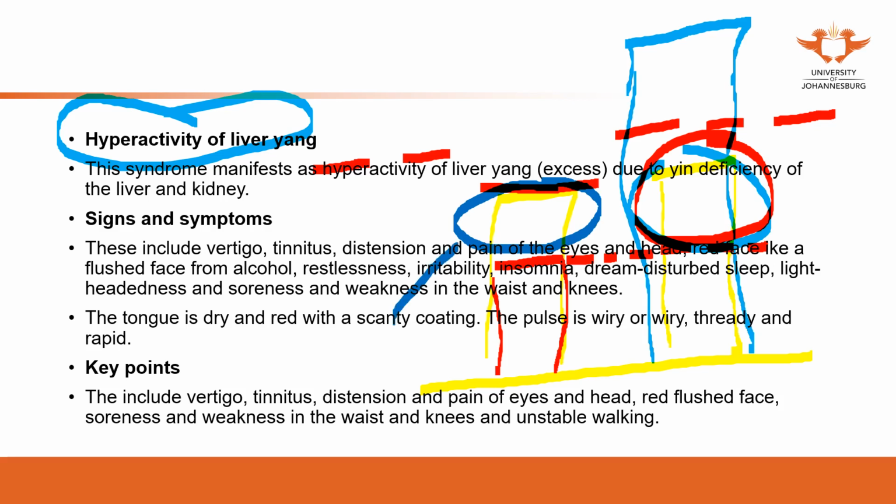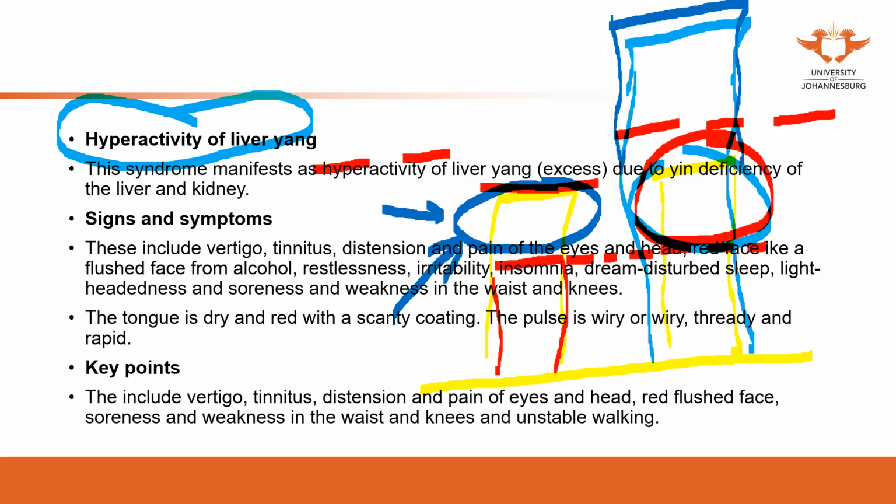We want to use treatments, either herbal medicine or acupuncture points, to tonify the yin. We don't care about the heat, or we only use something to slightly reduce the heat. If the patient has truly excess yang, the treatment will be very different.